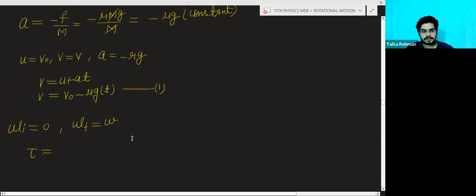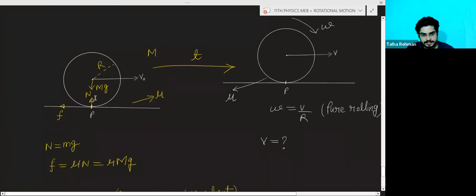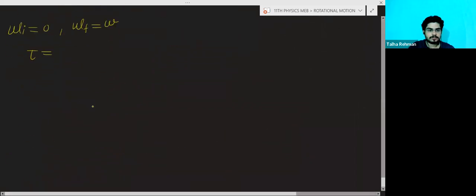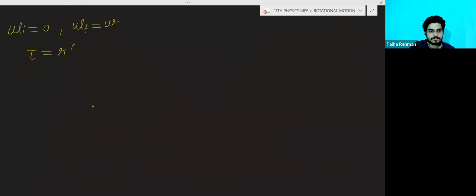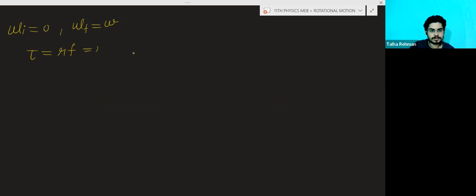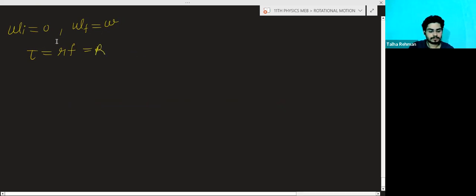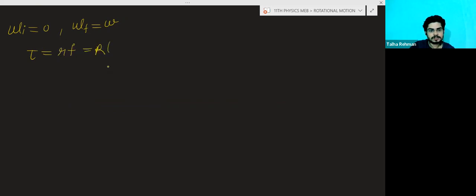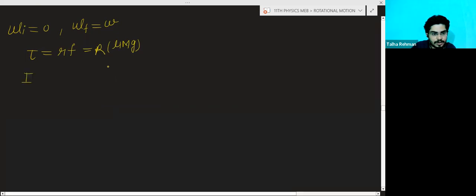Torque will be this force into this radius, so capital R into F, where F is mu into M into G. Torque can be given by I into alpha. So I alpha is equal to R into mu into M into G.